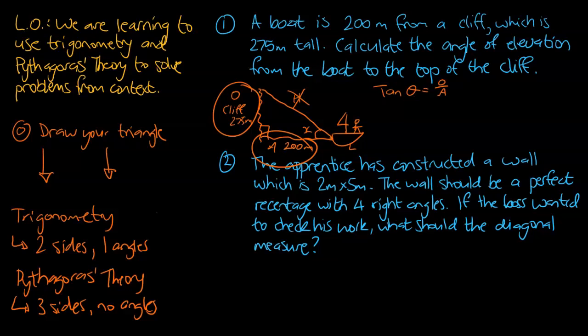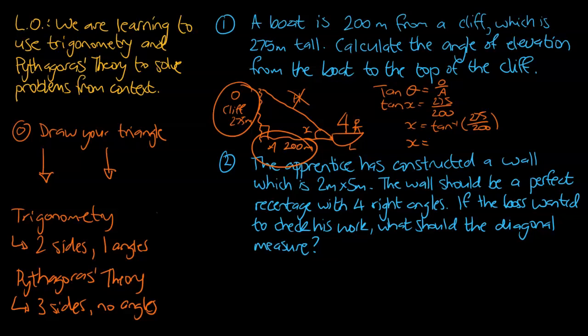That's x because we don't know what it is. Tan x is going to be equal to O, which is 275, divided by A, which is 200. X is going to be equal to tan negative 1, 275 divided by 200. This is when we're going to grab out our calculators to calculate what x is.